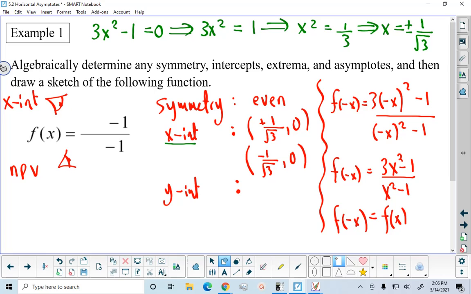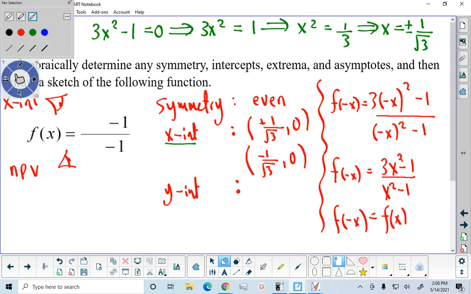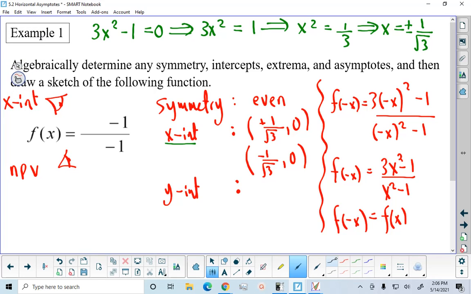I'm left with negative 1 over negative 1, which means that when x is 0, y is 1. Negative 1 over negative 1 is 1. So the y-intercept is at 0, comma 1. Let's check these off. We've got the symmetry done. We have the intercepts done. Before we get into the first derivative, let's do the asymptotes.